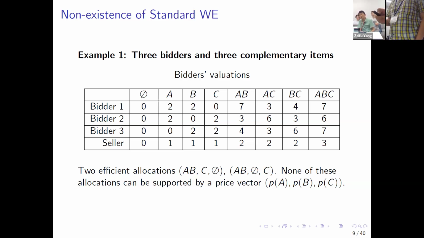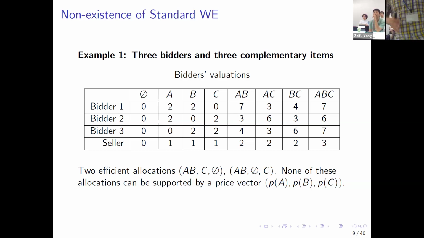Okay, look at this table. Just look at the first one: the value of a single item A is 2, and single item B is 2, C has no value, but A, B together create a synergy, so the value is 7. AC is 3, so also more than using them separately, BC also, and ABC.